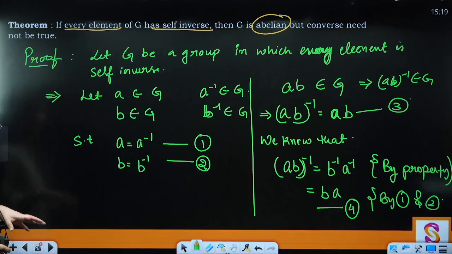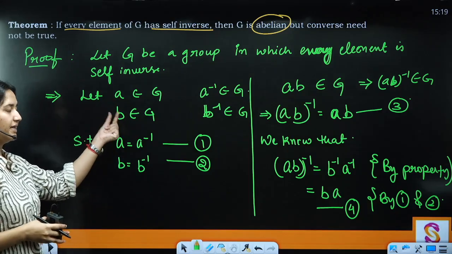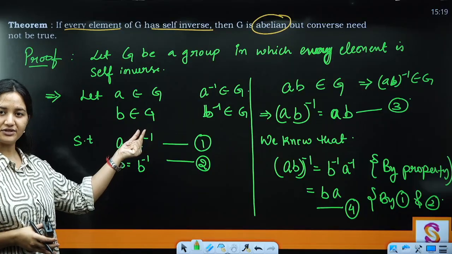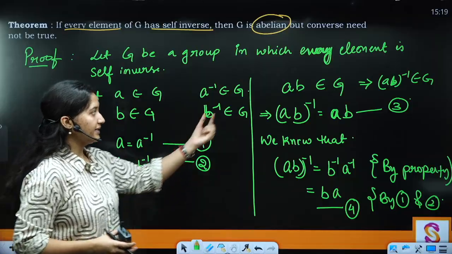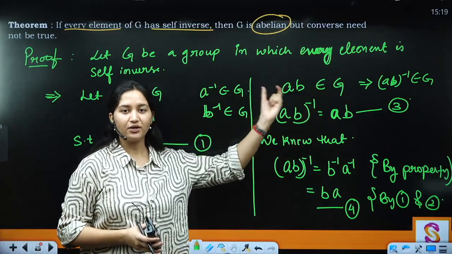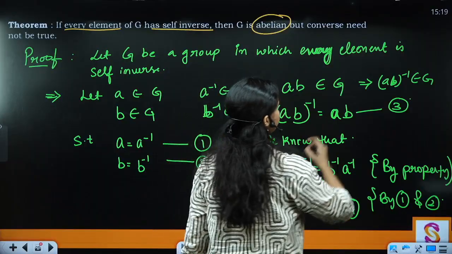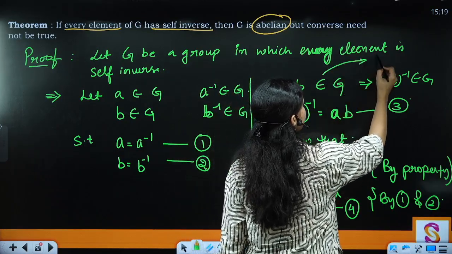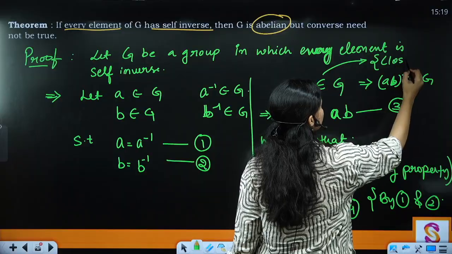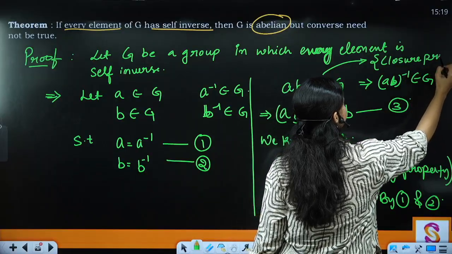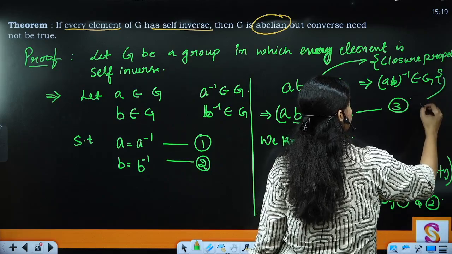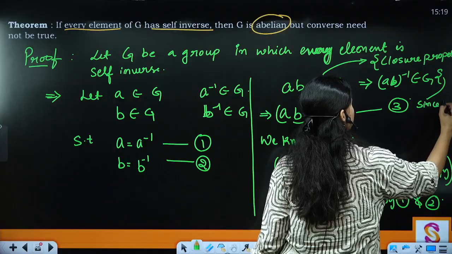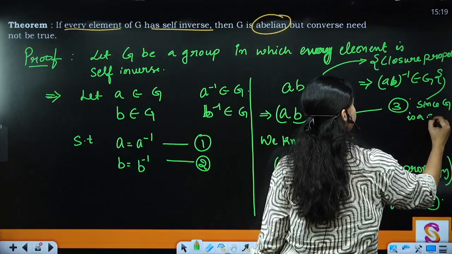समझ में आया what we did? पहले we took A and B, they are going to be self inverse elements. So A is equal to A inverse, B is equal to B inverse, right? Now the product of these two elements by closure property, यहाँ पे I will write, आप यहाँ पे थोड़ा space बना के यहाँ पे लिख लेना closure property, okay? And just write since G is a group.